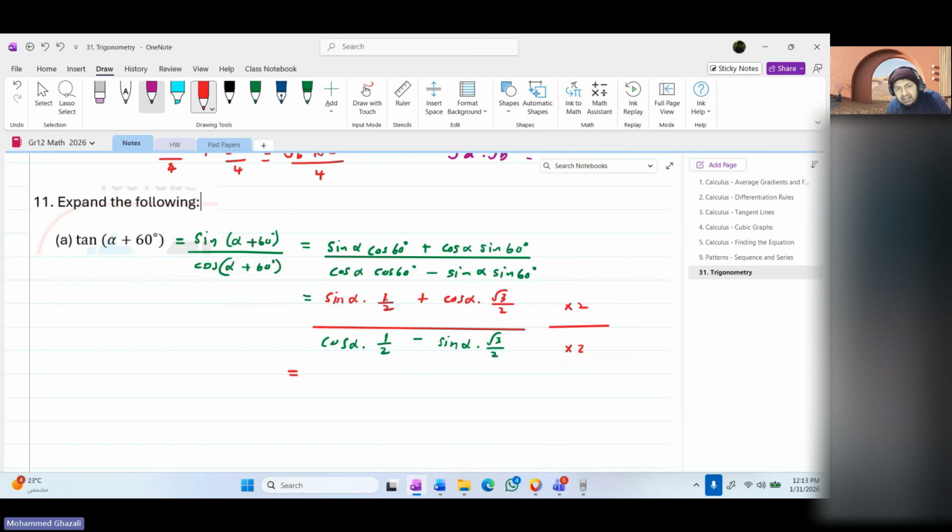Half sine alpha times 2 is just sine alpha. You're allowed to do that: whatever you multiply on top, you must multiply the denominator as well. Sine alpha plus root 3 cos alpha divided by cos alpha minus root 3 sine alpha.